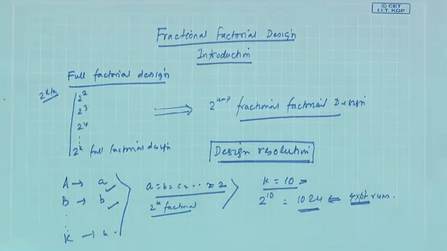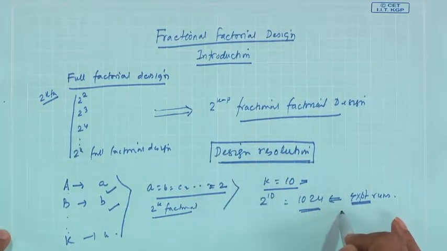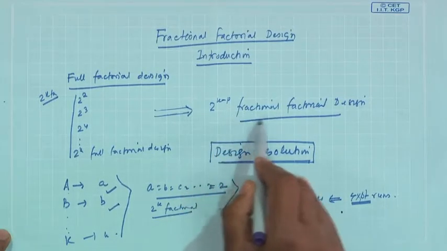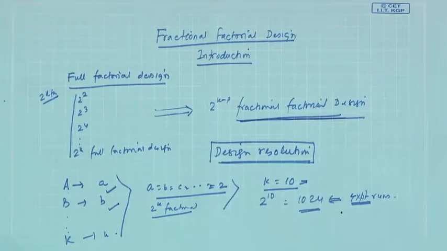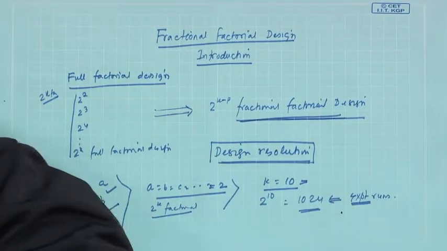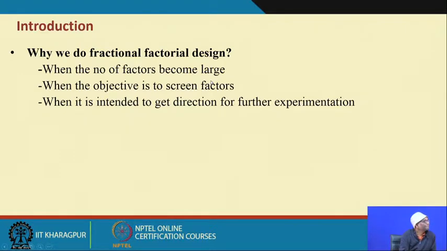This is possible if you reduce the number of runs further, and that concept is fractional factorial design. So, when we go for fractional factorial design, these are the situations. When the number of factors becomes large, you cannot conduct a large number of experiments.